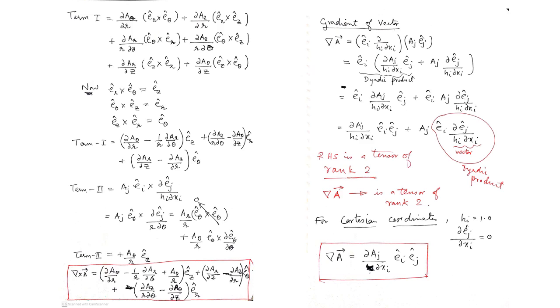So term 1 becomes this, and term 2, now I'll show you how to handle this in cylindrical coordinates. So a_j e_i cross ∂e_j/∂ξ_i. I should view it as a partial derivative ∂e_j/∂ξ_i, and of course the scaling factor 1 over h_i.